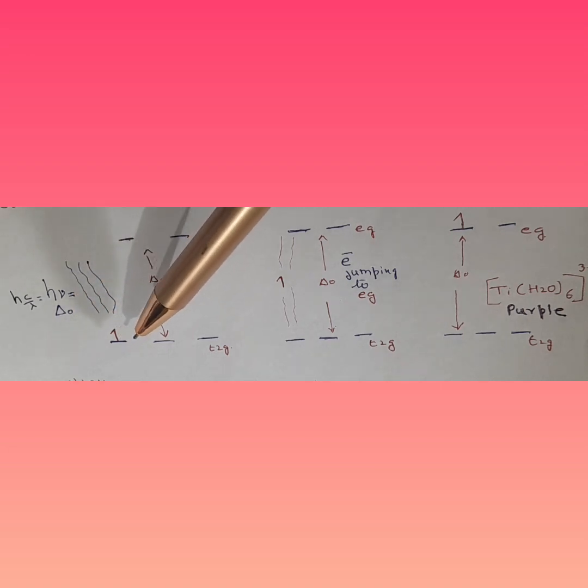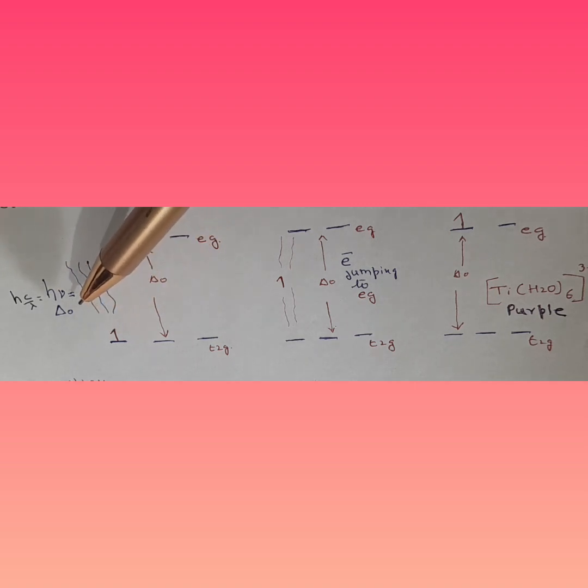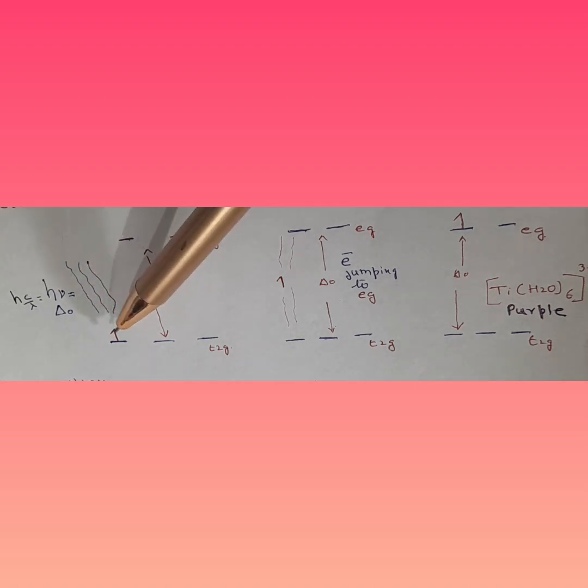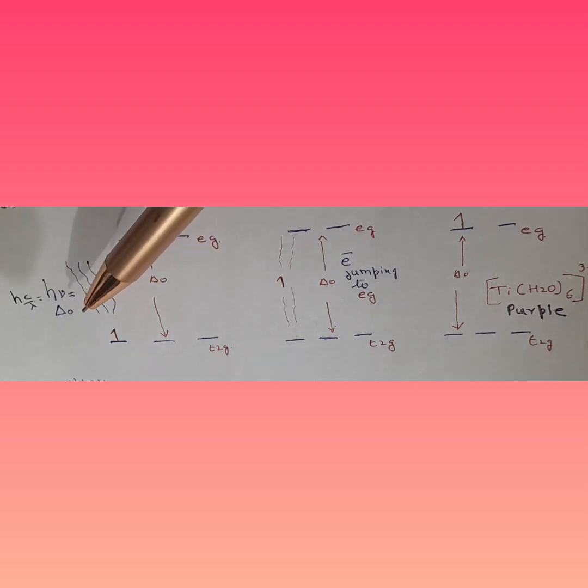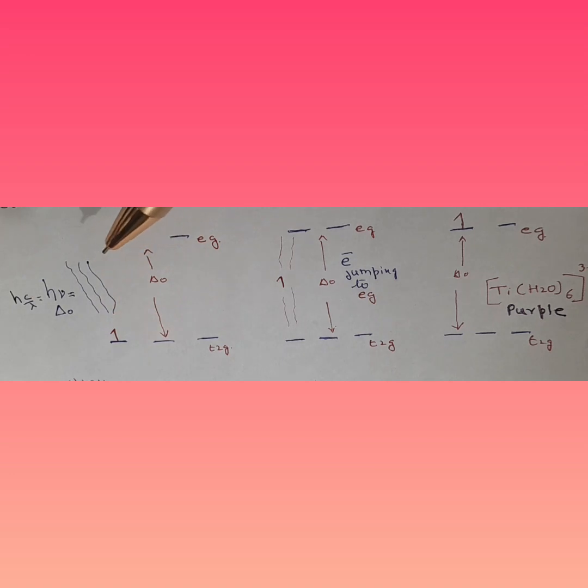What do I mean by desired wavelength? Desired wavelength means the wavelength that has the energy capacity to make this electron jump from t2g to eg level.